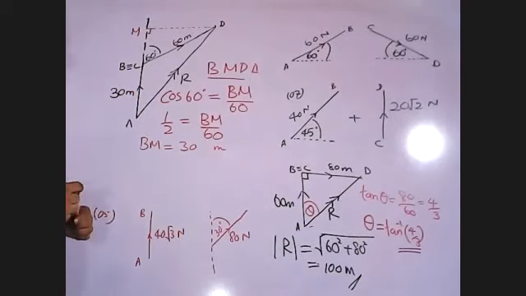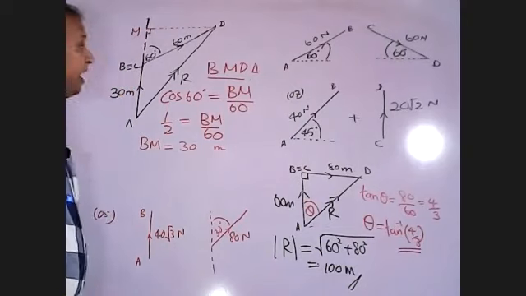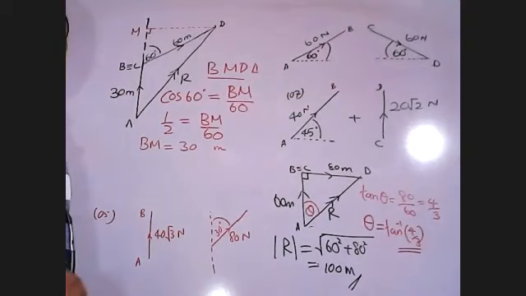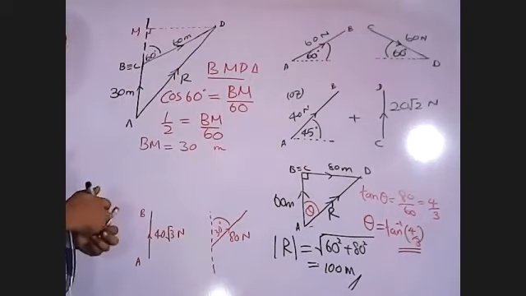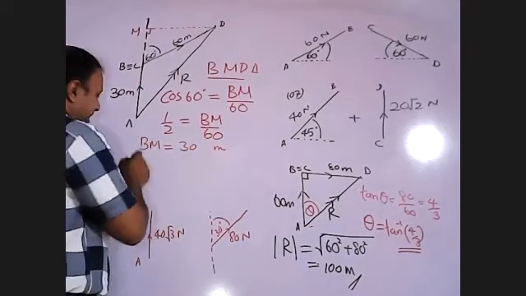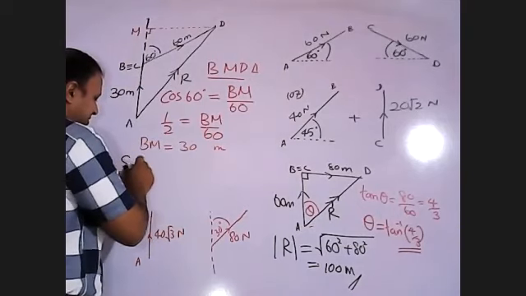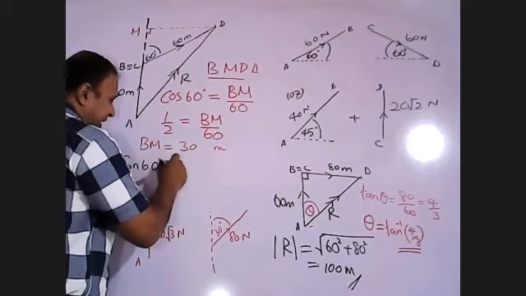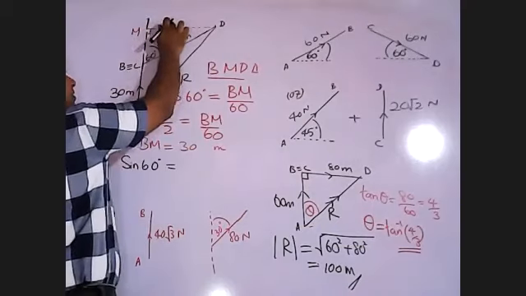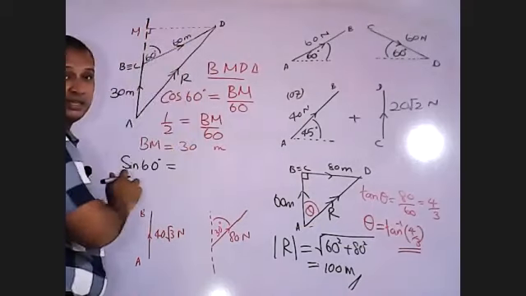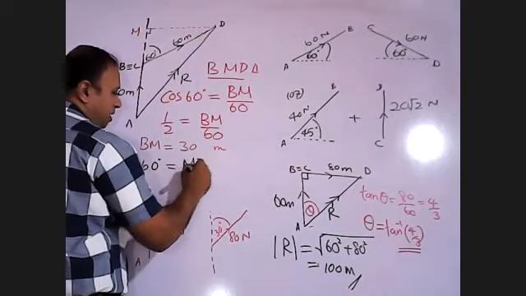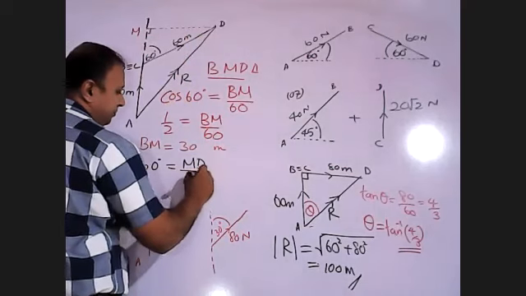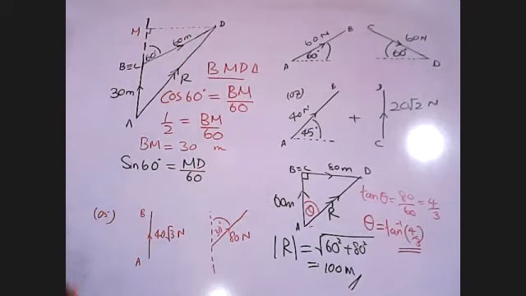Then you should find the value of MD. How to find the value of MD? You have to use sine 60. Sine 60 is equal to the opposite side over hypotenuse. Opposite side means MD, over hypotenuse means 60.